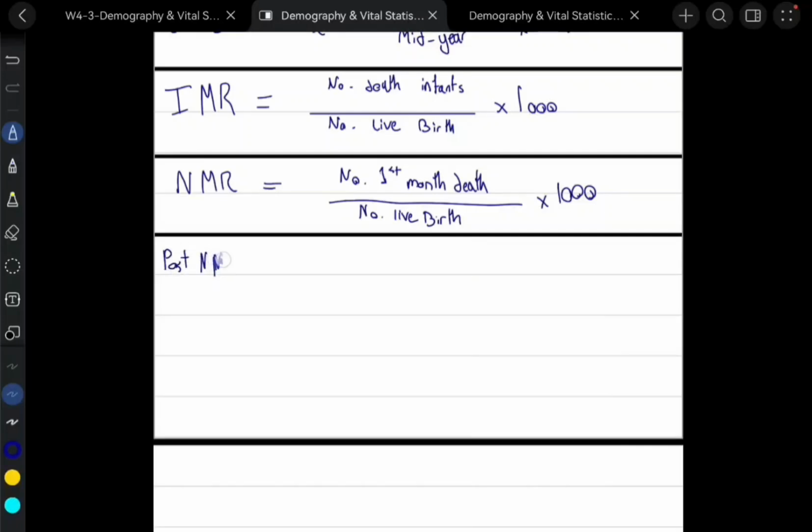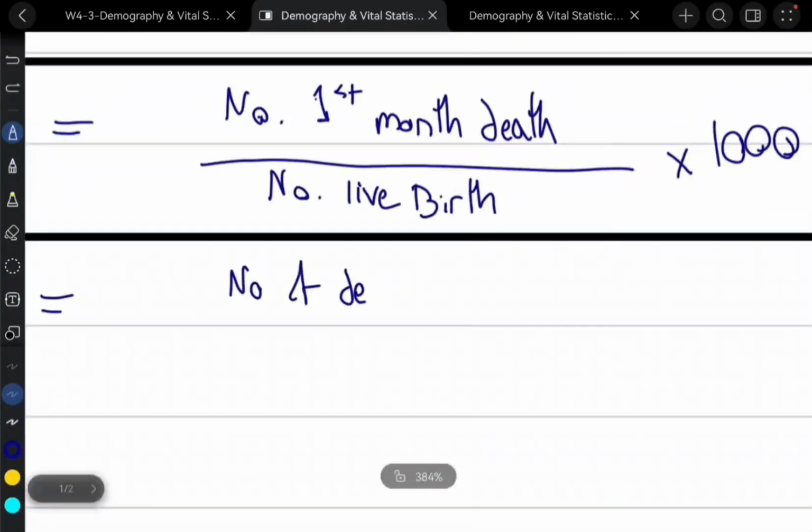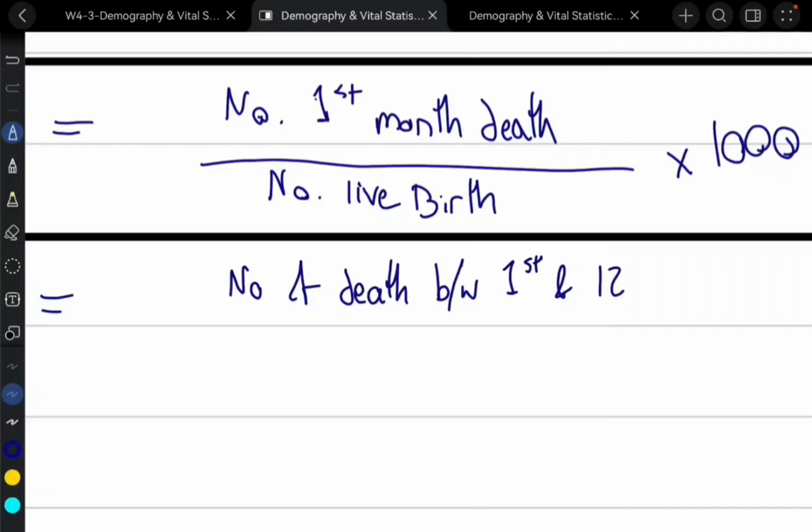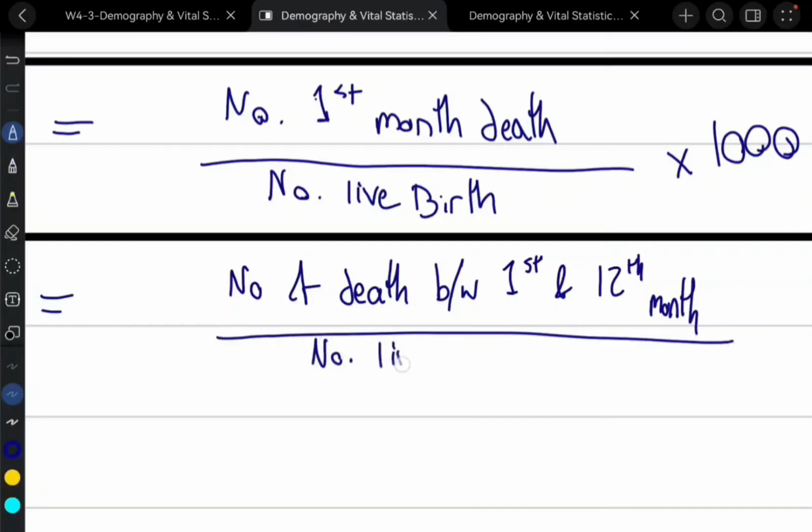It's the same thing. I don't know if I need to write it, but let's just say post-neonatal mortality rate equals the number of deaths between the first and 12th month over the number of live births times 1,000, I guess.